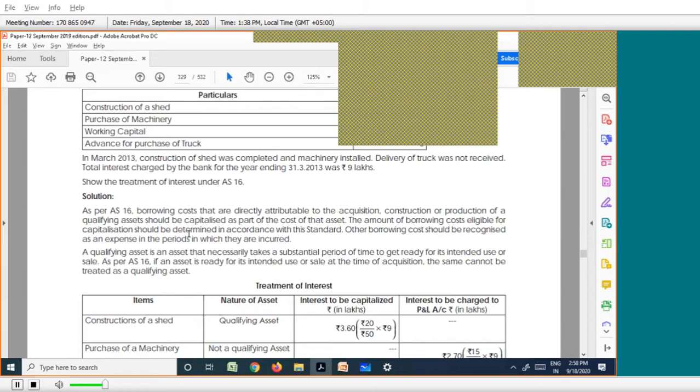In this, disclosures related to borrowing cost: the accounting policy followed for borrowing cost, and also the amount of borrowing cost capitalized during the period. All these things should be disclosed. We'll move on to the next topic.